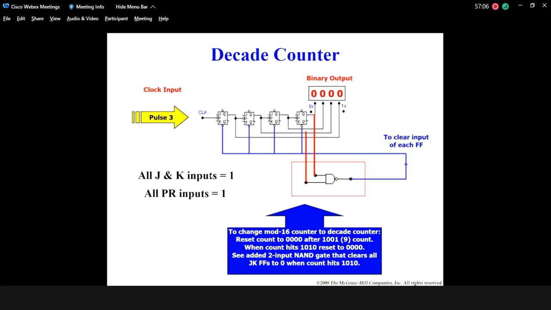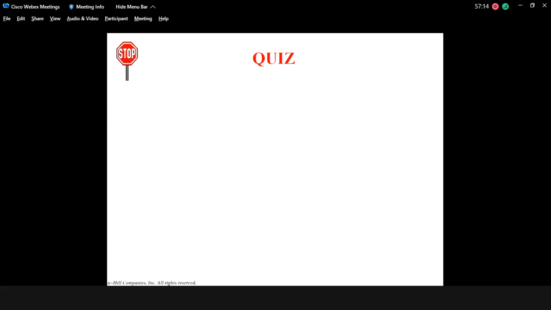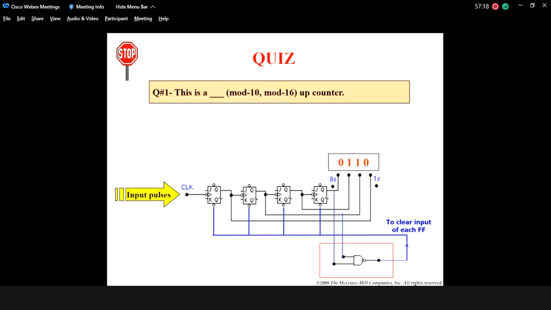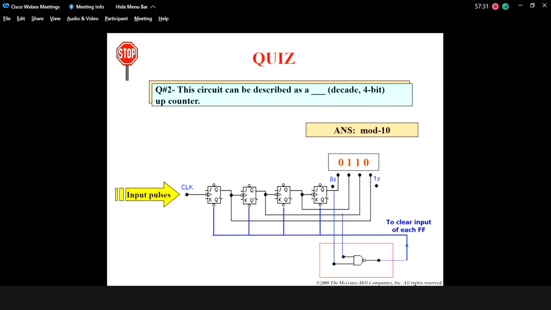So when we get a pulse, it will count to 10 again and repeat. So like that, it takes from the modulus 16. We just embed, we will just connect with the NAND gate, and then we get a decade counter for 10.